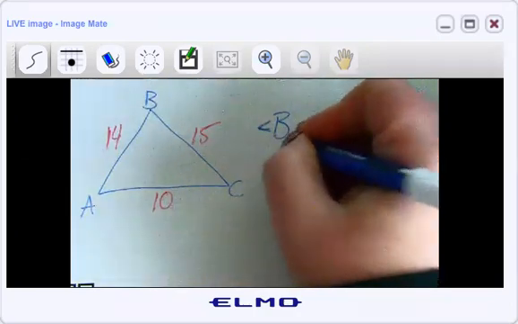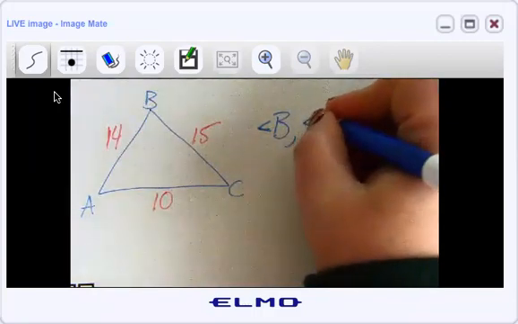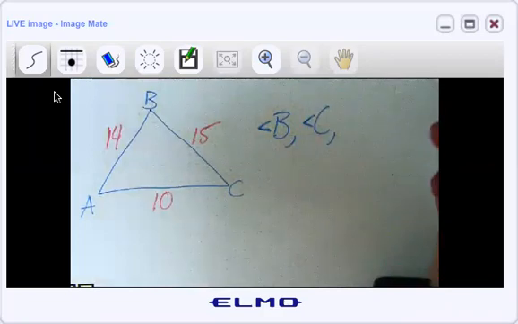Who is the next smallest after B? Kira is not here. Juliana, what would my next smallest angle be? C. You are correct. C. And then obviously my biggest angle in this case has got to be A because that's across from the biggest side.